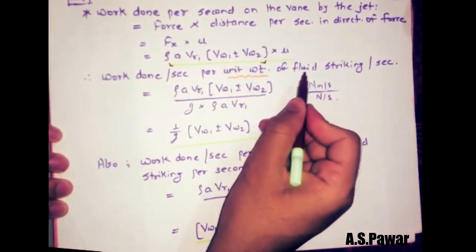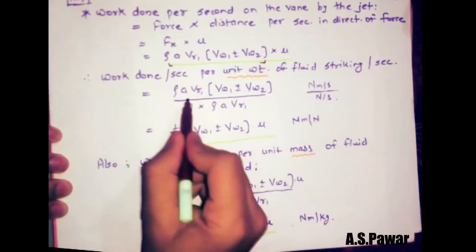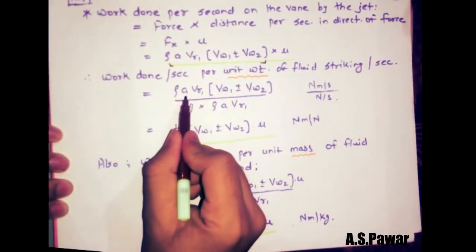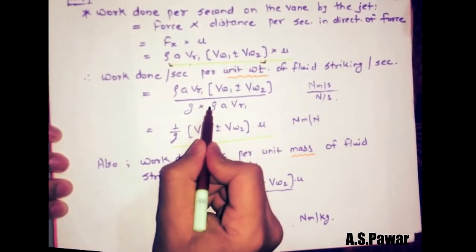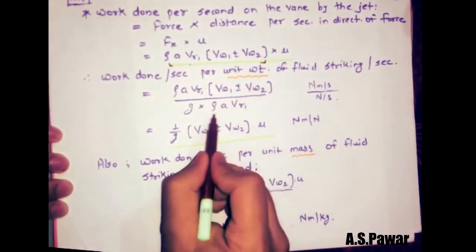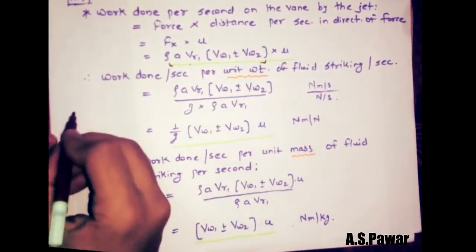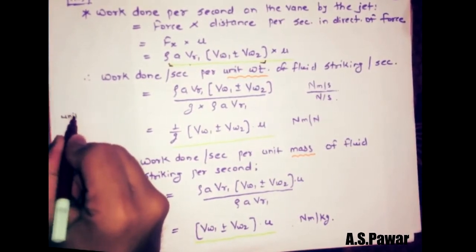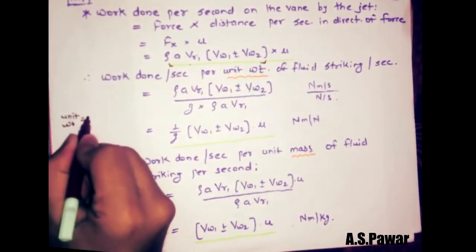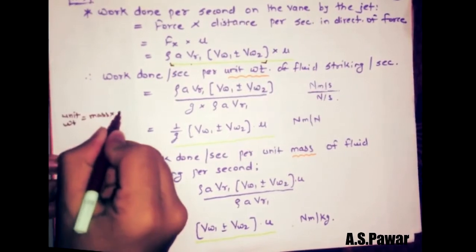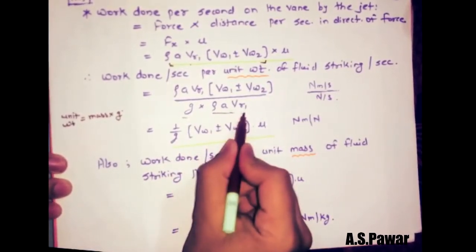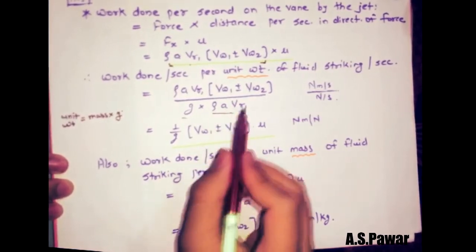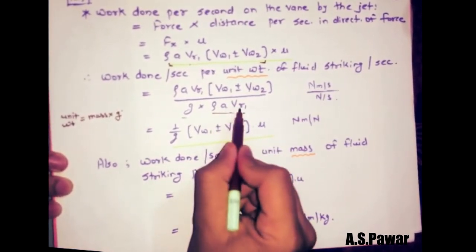Next, if we need to find the work done per second per unit weight of fluid striking the vane per second, then we simplify this: work done divided by unit weight of fluid striking per second. Unit weight can be written as mass into acceleration due to gravity, so g into mass per unit second, which we have already found, rho a into vr1.